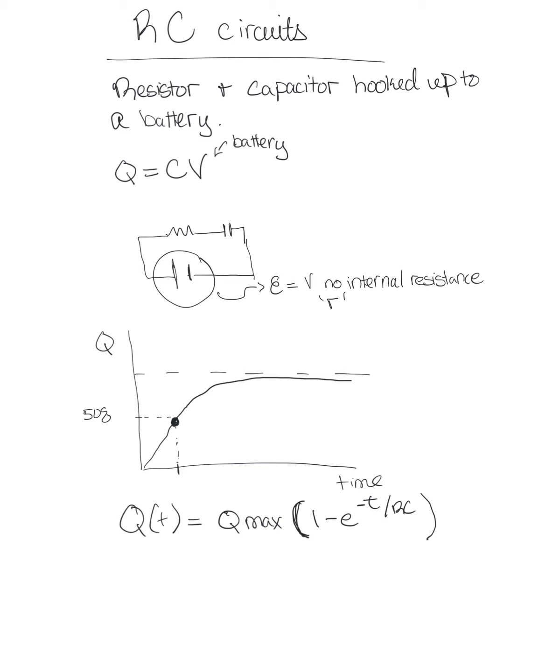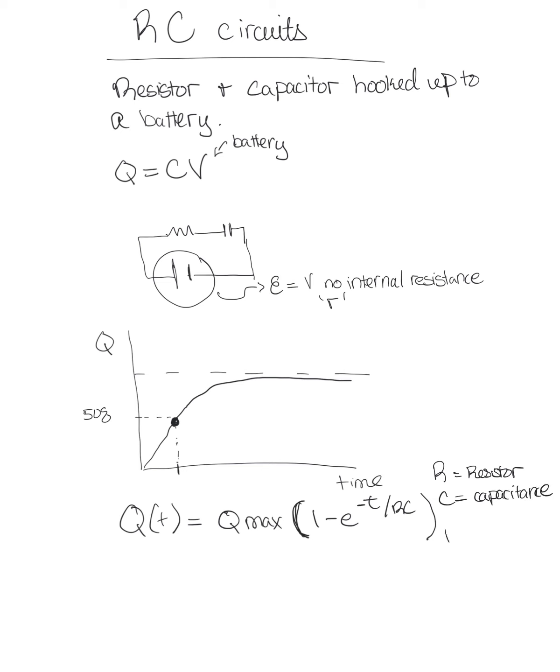Okay, and you will see here that our time constant is based on the resistor and the capacitance of the capacitor, hence the name RC circuit. So we have this equals the resistor in our circuit, and this is the capacitance of our capacitor in the circuit.